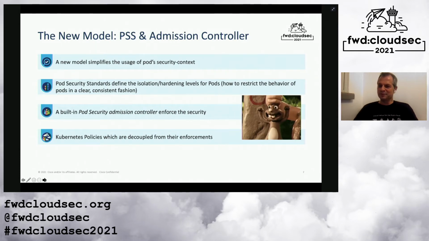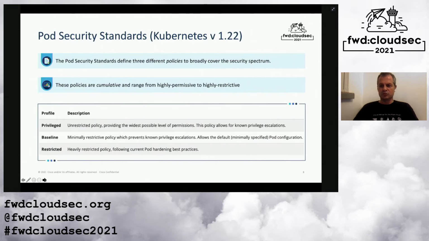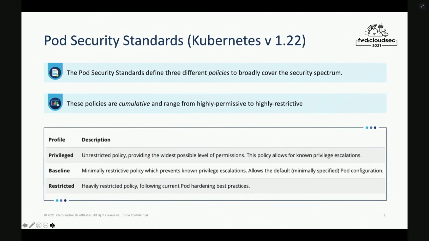Great, so now we have a great model, and let's talk about some of the details. Kubernetes also defines security standards, default standards people can use and implement out of the box. Those standards are three different policies that cover the spectrum. The policies are cumulative, so they go from highly permissive to highly restrictive.